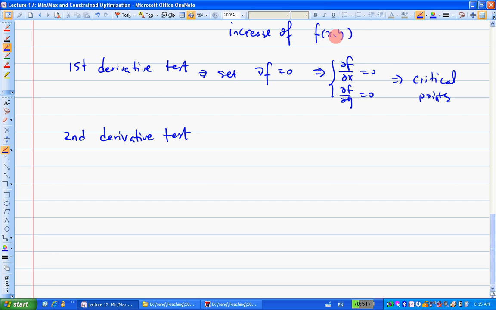So you see, this is a function f of x, y, and when you take this first derivative test, you end up with this: df over dx, df over dy. As a matter of fact, this is called a Jacobian.